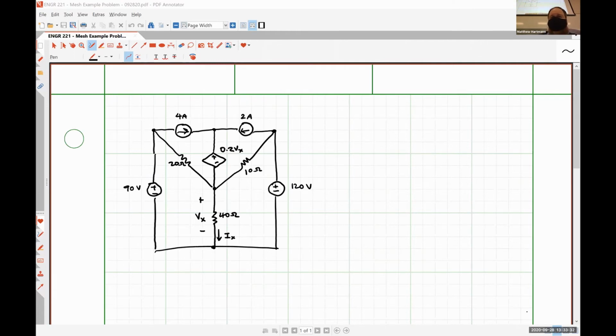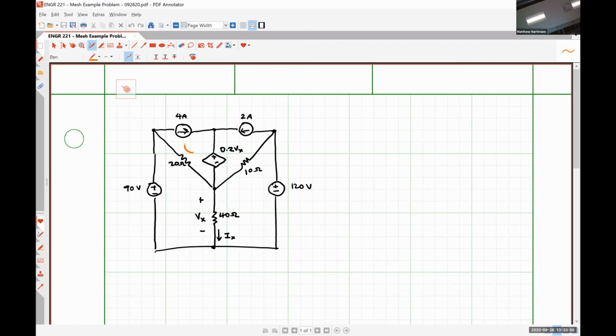Alrighty, so this is a mesh analysis problem. And so who among you can remember what the first step in mesh analysis is based on the video lecture? Identify our meshes. So I'm going to do steps 1 and 2 together, identify the meshes, and label the meshes.